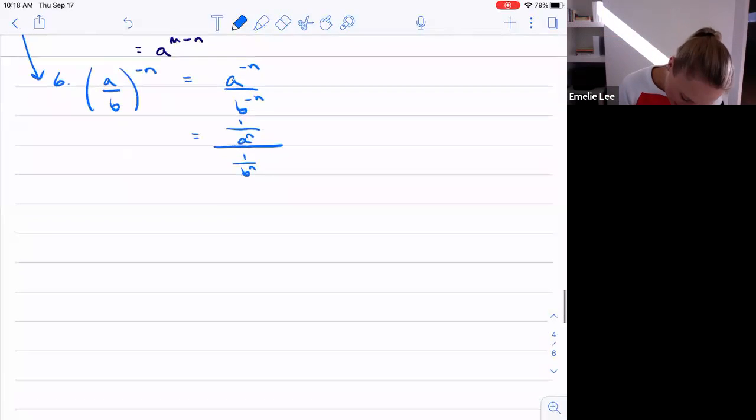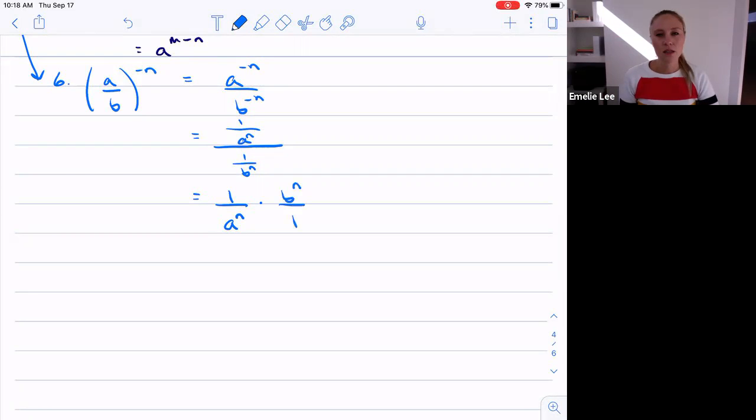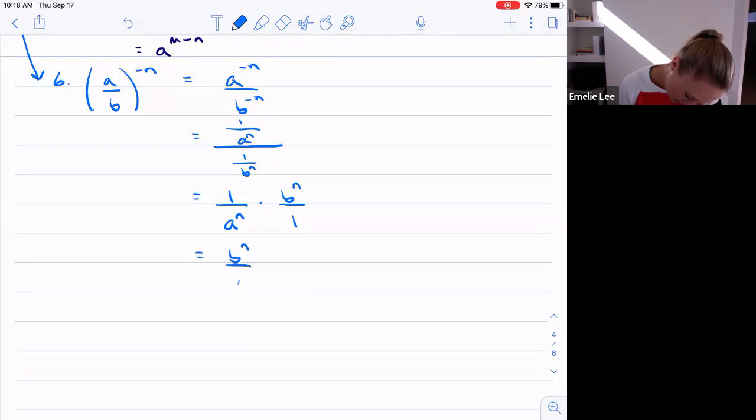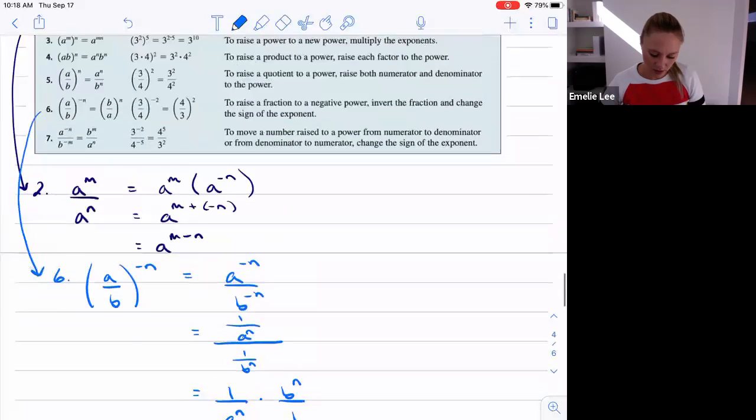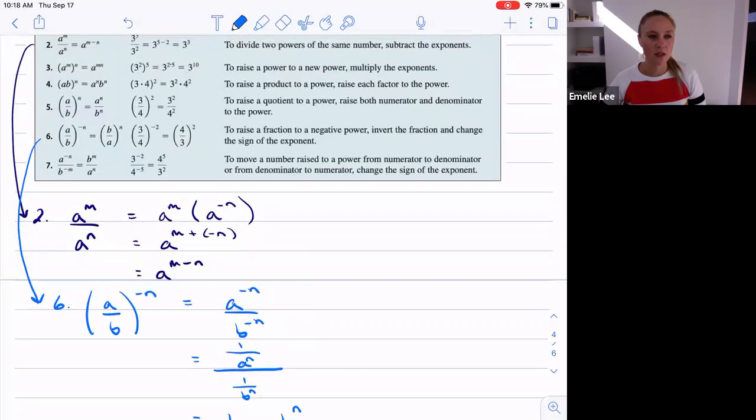And so then I get 1 over a to the power of n times b to the power of n over 1. Multiplying two fractions, I can just multiply across. So I get b to the power of n over a to the power of n, which is what that law says, right?